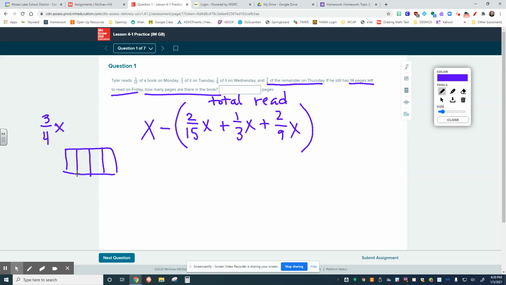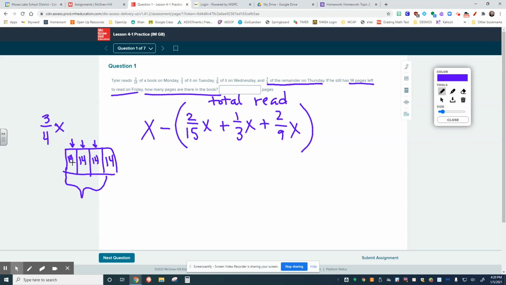If we're talking about fourths here, if this is Thursday right here and Friday, he has 14 pages left. That means these other little sections in here would also be 14. So a little bit of a thought right here. It'd be a little bit tricky for how we would write it in the equation.